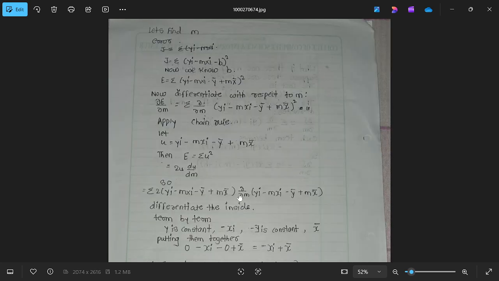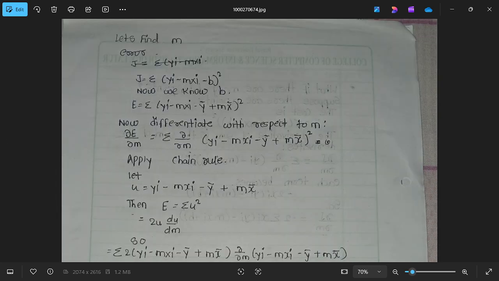And let's find the m now. We have taken the loss function as it is here.